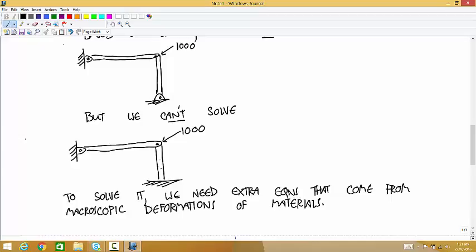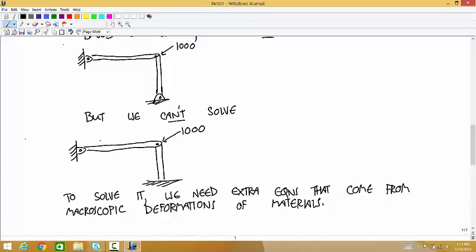And the vertical member still has to be connected to the ground at this point, and it has to be vertical at that point. It can be bent after that point. But those requirements for how these materials are going to deform give us extra equations that we can use to figure out what the loads are.